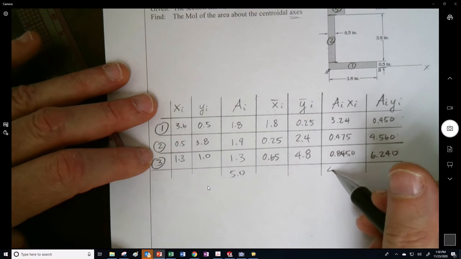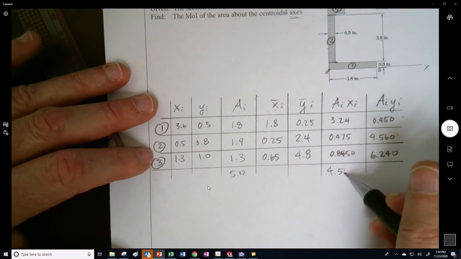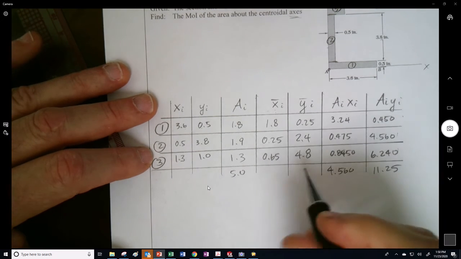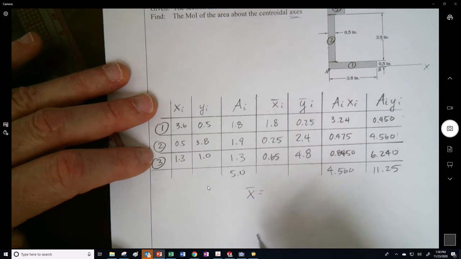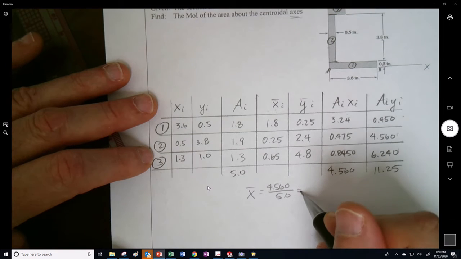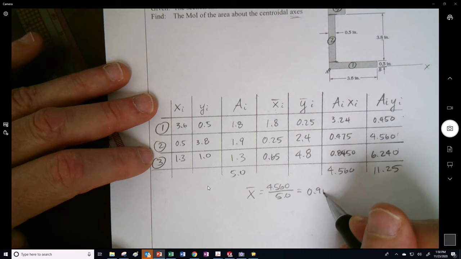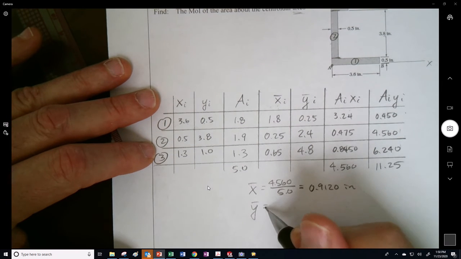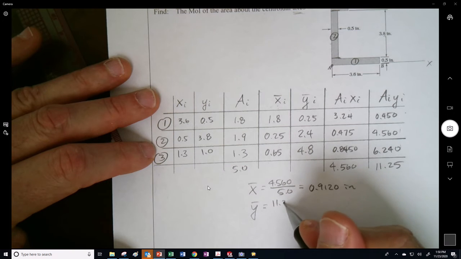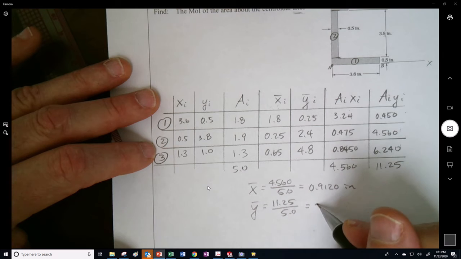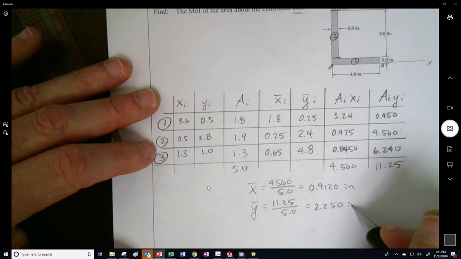You add up this column, 4.560, and this one, 11.25. So for x bar, we take 4.560 divided by 5, and we get 0.912 inches. For y bar, we get 11.25 divided by 5, and that's 2.250 inches.